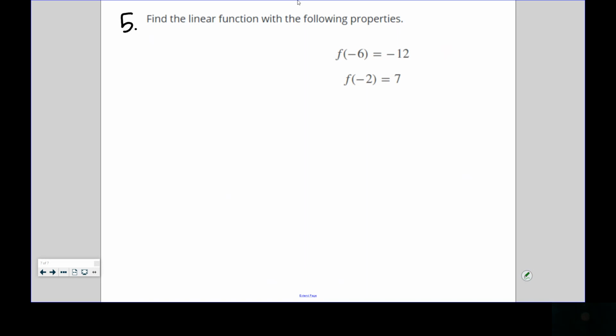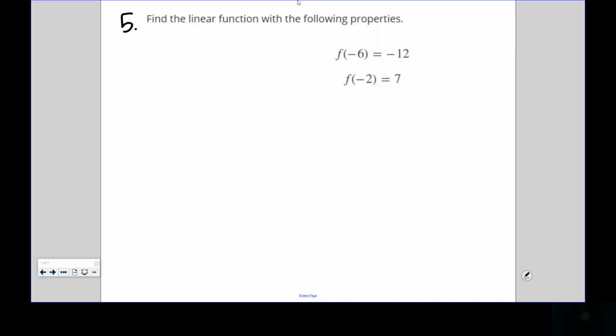But they tell you that f of -6 is equal to -12, and then f of -2 is equal to 7. Remember how we read that? F of whatever's in the parentheses. So f of -6 equals -12.